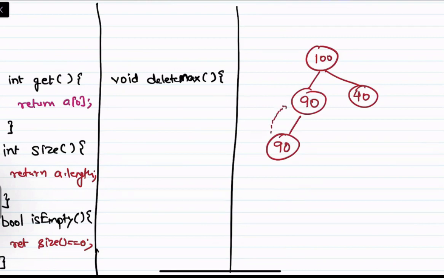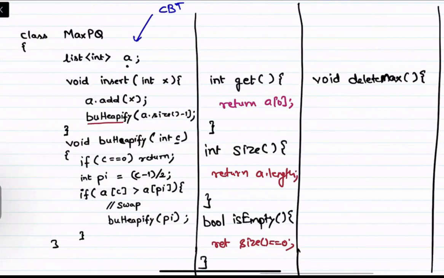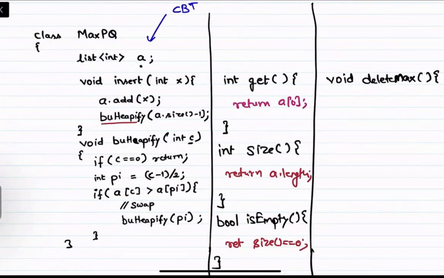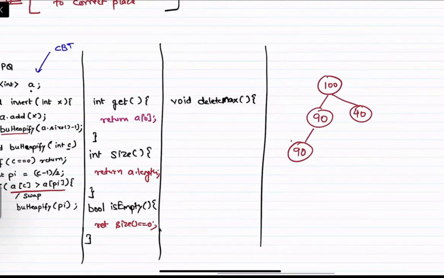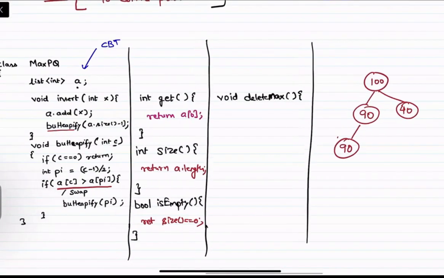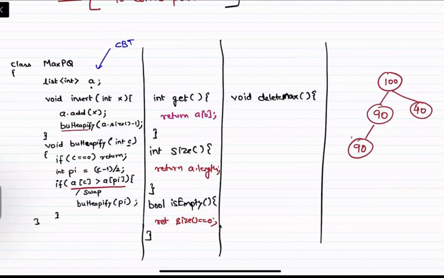Will you really try to take it up, or will you stop? No change. So even when you have duplicates, we are swapping only when the child is bigger than the parent. If the child is equal, we don't swap. Hope your question is answered. So duplicates do not matter. We can still insert duplicates in a priority queue.